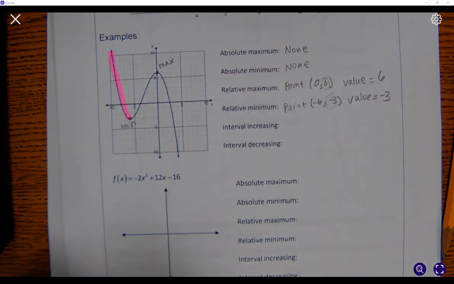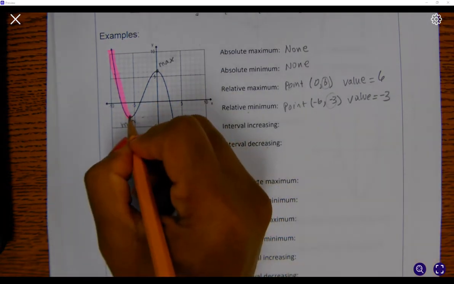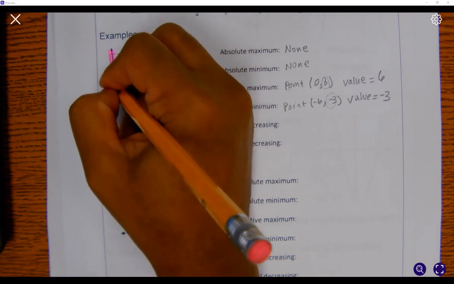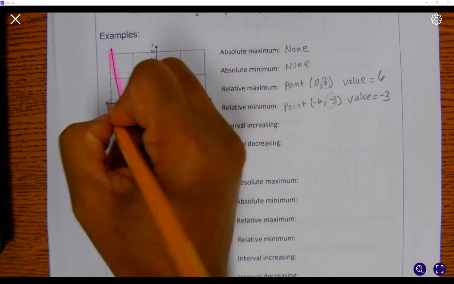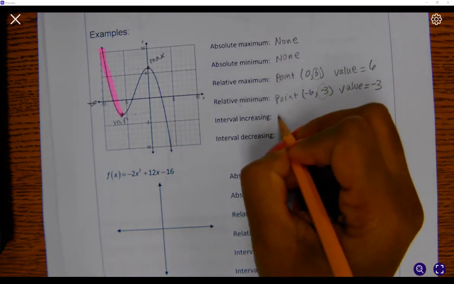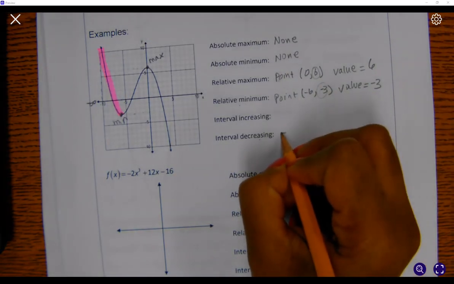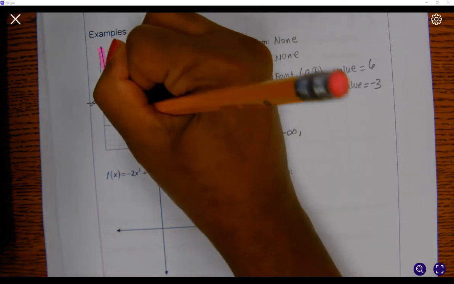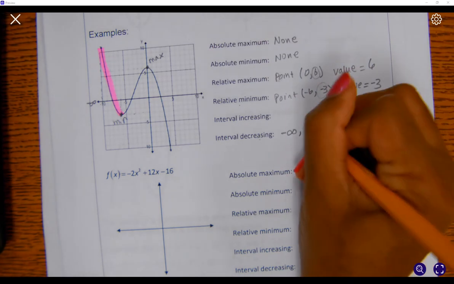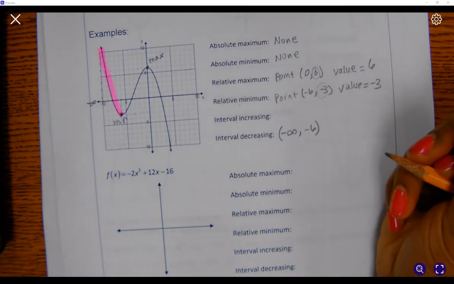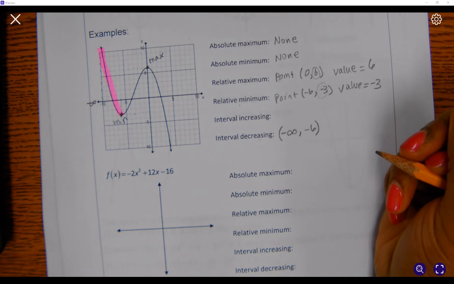And then there's a critical point here where the function changes. So it's decreasing from, it's not -10, it's actually from -infinity since it's going off the graph. So it's decreasing from -infinity until this point on the x-axis, which is at -6. And increasing and decreasing will always have open parentheses.